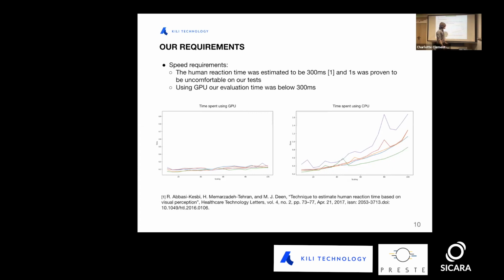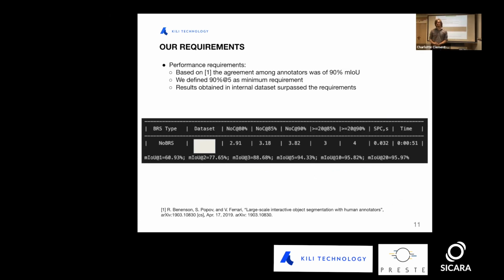And you see that using this model, we're not limited by the size of the image yet. It's almost a straight line. If you use the CPU, you see that it's proportional to the scale of the image. So that was the speed requirement.